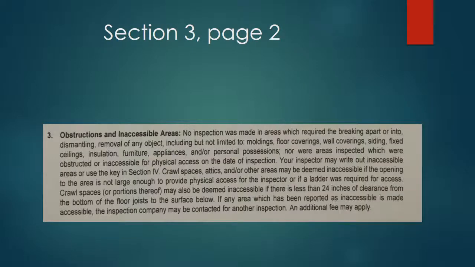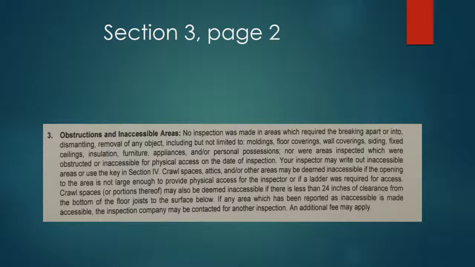Section 3 on page 2, the obstructions in inaccessible areas. I know we've talked a lot about the obstructions and inaccessible areas, and I don't need to spend a lot of time on this, but I just want to note that it says no inspection was made in areas which required the breaking apart or into, dismantling, removal of any object, including but not limited to moldings, floor coverings, wall coverings, siding, fixed ceilings, insulation, furniture, appliances, and or personal possessions.